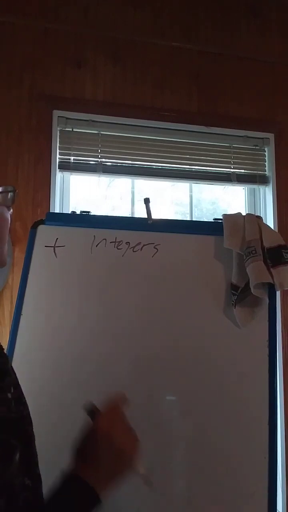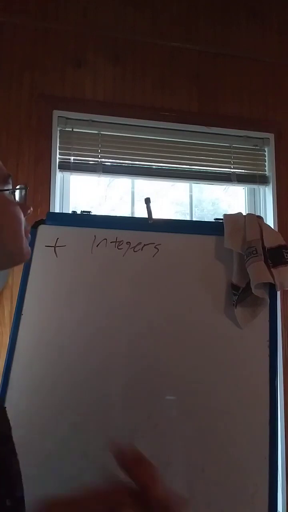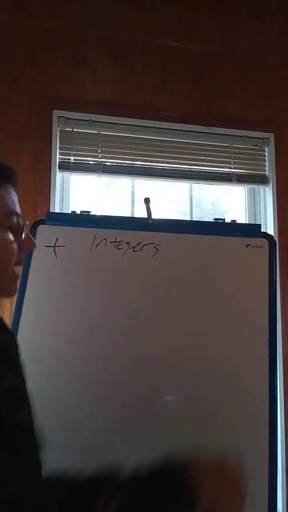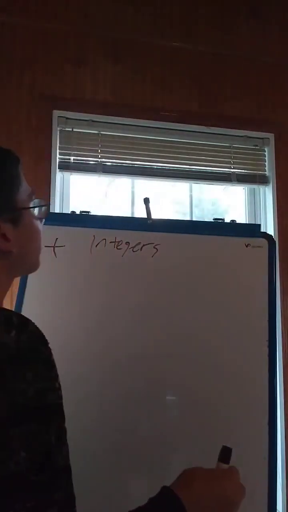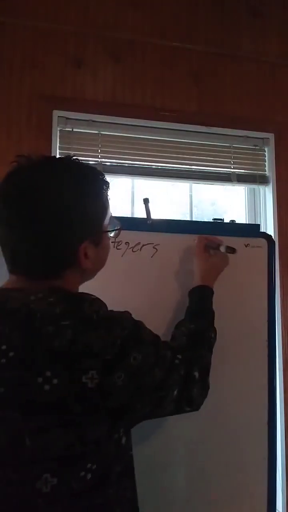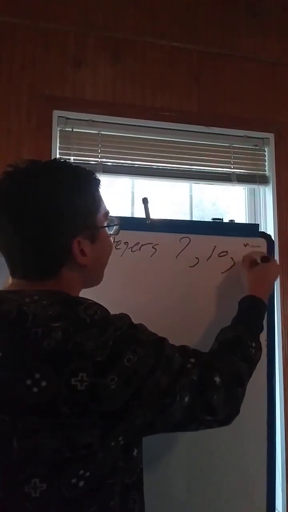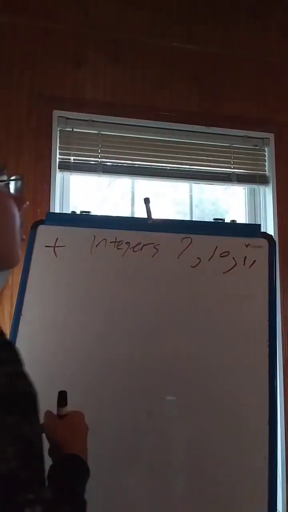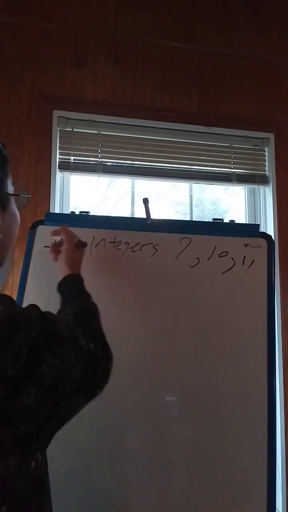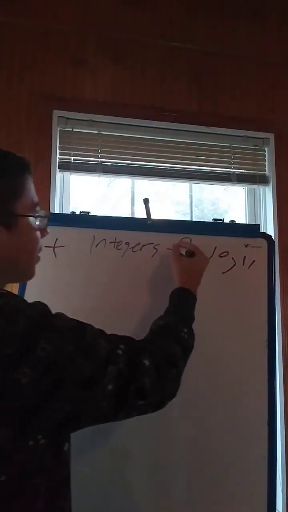So any positive number looks like any regular number. What we consider to be regular numbers are actually positive numbers. So 9, 10, 11, all of these are positive numbers. And you don't even need the positive sign in front of the numbers.